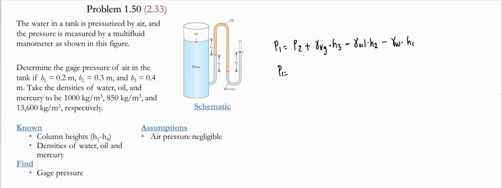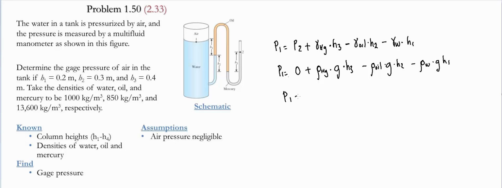P2, the pressure at point 2, is 0 because we have gauge, what we're looking for is gauge pressure, plus density of mercury times gravitational acceleration times H3, minus density of oil times gravity times H2, minus density of water times gravity times H1.